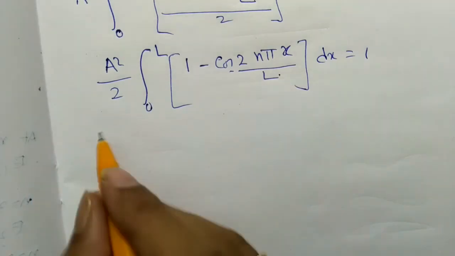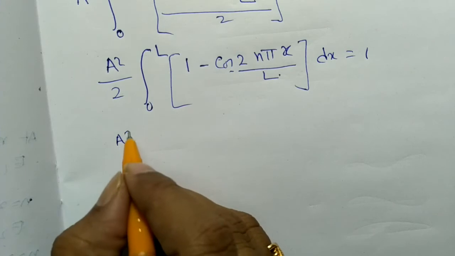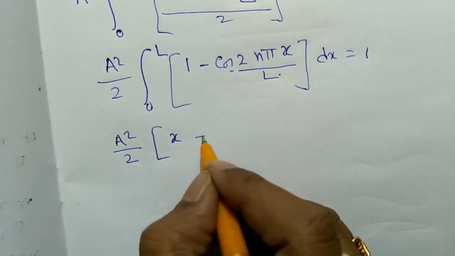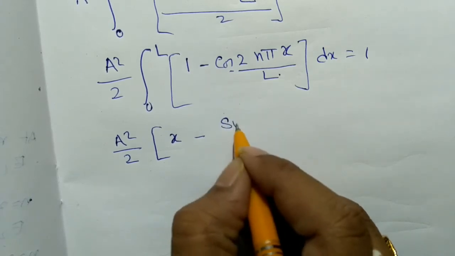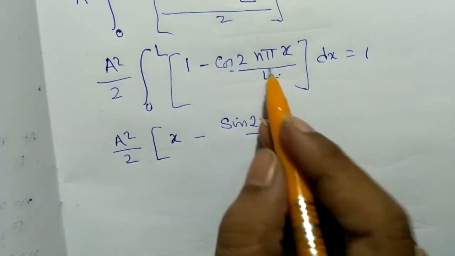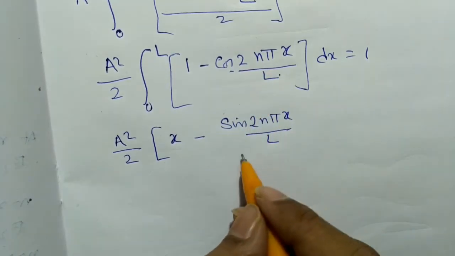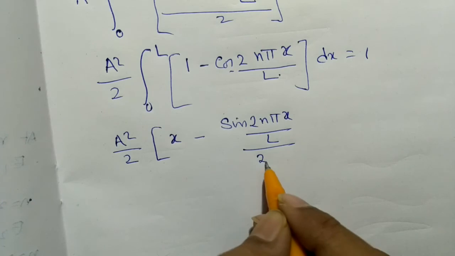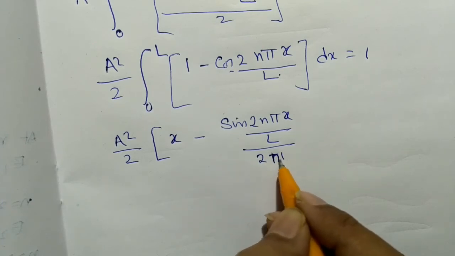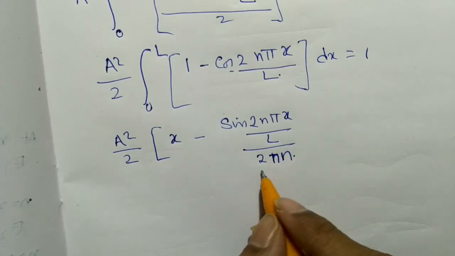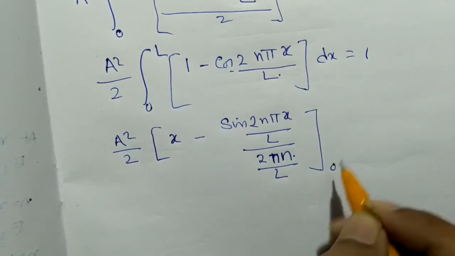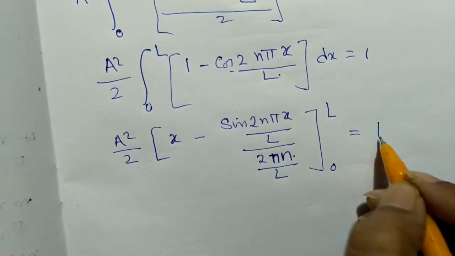Integrating this, we will get A square by 2 into x minus sine 2 n pi x by L, divided by 2 pi n by L, within the boundaries 0 to L is equal to 1.